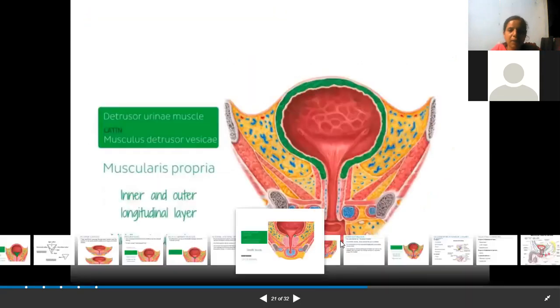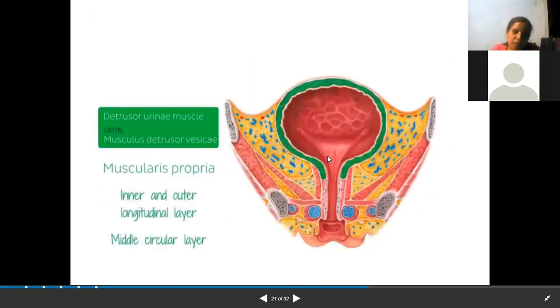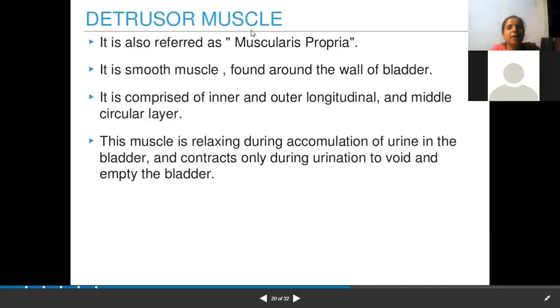Now if you just observe the cut section of the urinary bladder, in the wall of the urinary bladder there is a muscle. The name of this muscle is detrusor muscle. It's also called muscularis propria. It is a smooth muscle found around the wall of the urinary bladder.